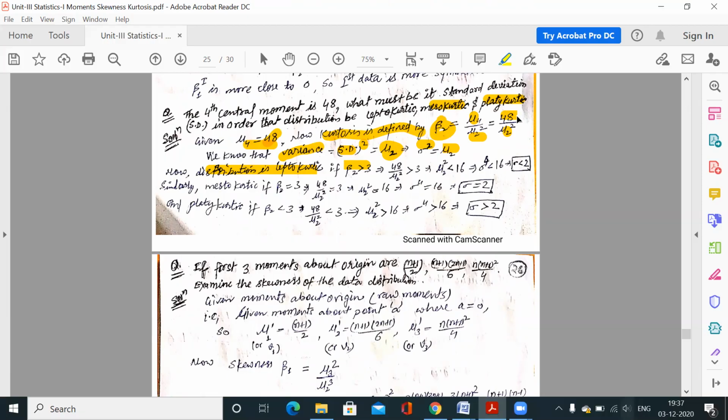Beta 2 is 48 by mu2 square, so 48 by mu2 square would be greater than 3. When would it be greater than 3? When mu2 square is less than 16. Clear? The mu2 square would go here, and the 3 would go in the denominator. So 48 by 3 is 16, so 16 is greater than mu2 square. So mu2 square is less than 16.